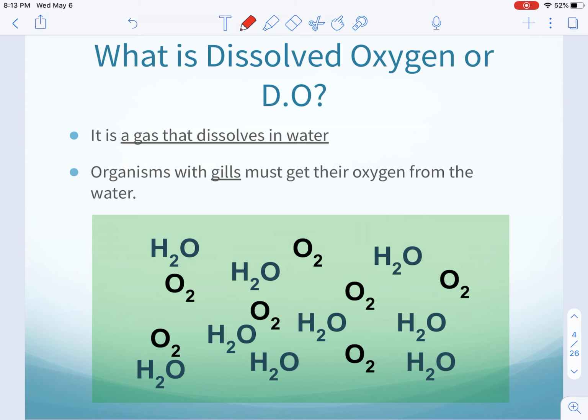So what is DO, or dissolved oxygen? Well, remember, dissolved, okay, we've seen that word before. You can take salt and you dissolve it in water. The funky thing to think about is that you can do the same thing with oxygen, okay? So as you can see here, it's a gas that dissolves in water.